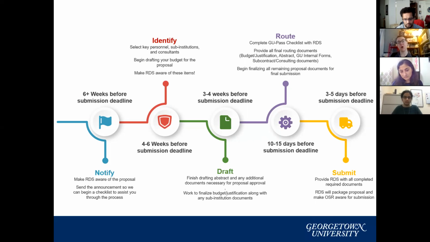but as you yourself are thinking, I need to find some funding, or I really should find funding, or this one opportunity is coming back around, try to work on as long a timeline as possible. This is beneficial to you in terms of identifying the components of the proposal that you're going to need to write, and any letters that you might need from the university that certify your eligibility or promise resources on your behalf.